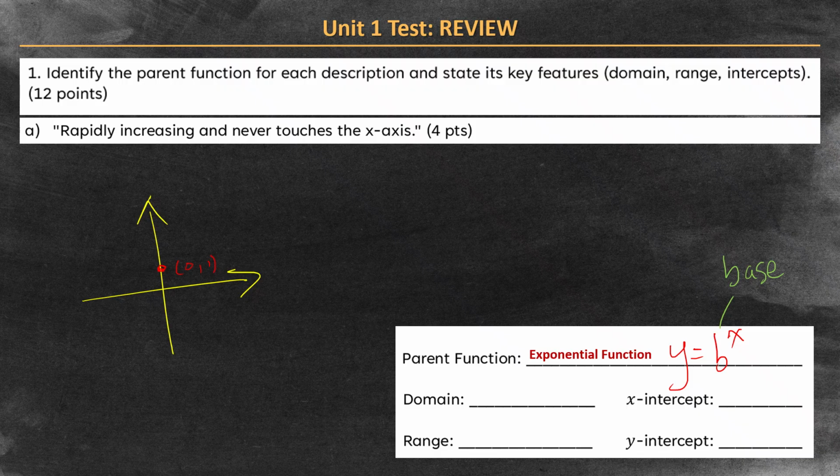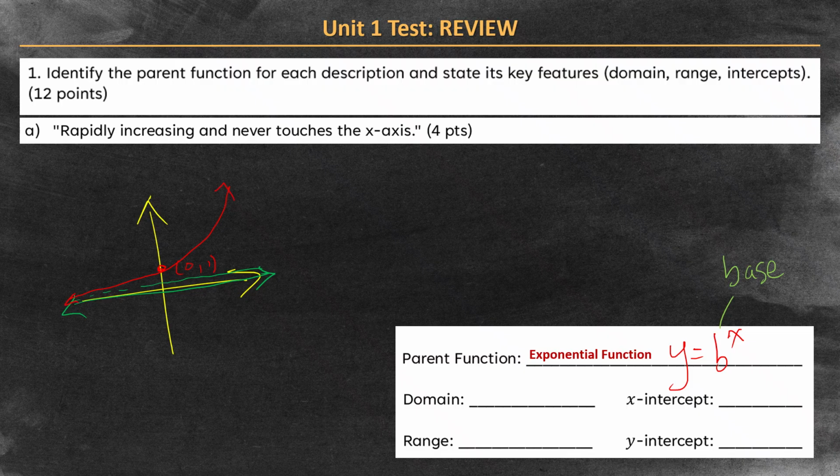And going from there, we also need to have an asymptote at y is equal to 0. So this is going to be the x-axis. So that's going to be the asymptote, the line that the graph approaches but never touches. And then we can graph the exponential function that rapidly increases and never touches the x-axis.